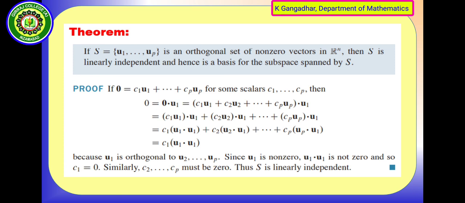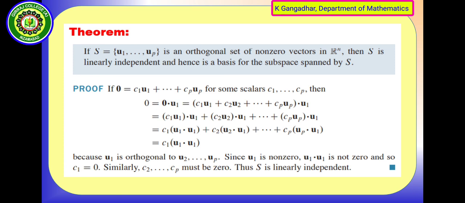So that equals C1 U1 dot U1 plus C2 U2 dot U1 plus and so on plus CP UP dot U1. So now C1 into U1 dot U1 plus C2 into U2 dot U1 plus and so on plus CP into UP dot U1. But here S is an orthogonal set. What is the definition of an orthogonal set?